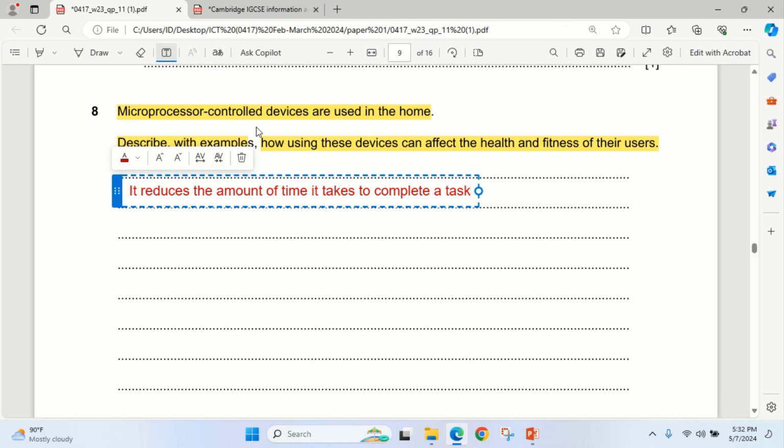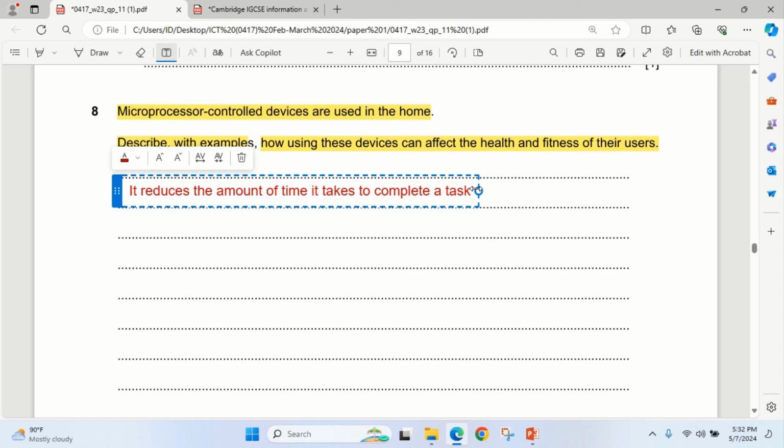And don't forget, like I've been saying, when you see a question like this, you just say how using these devices can affect. Affect does not necessarily mean negative effect or positive effect. So you are free to talk about the positive and the negative effect. So take note of that.